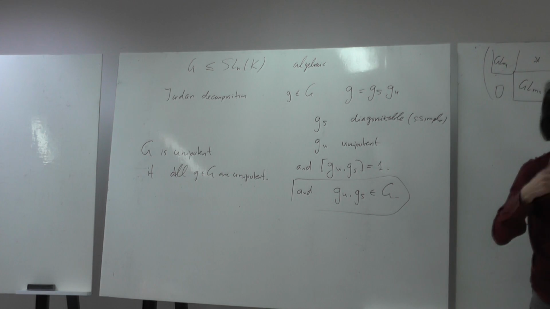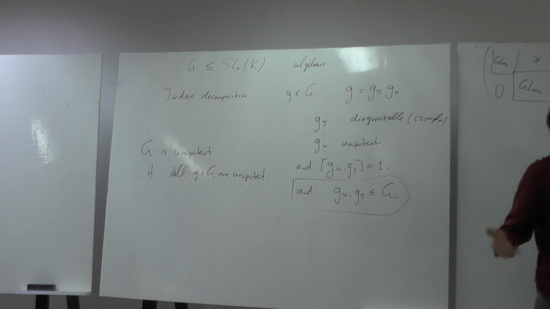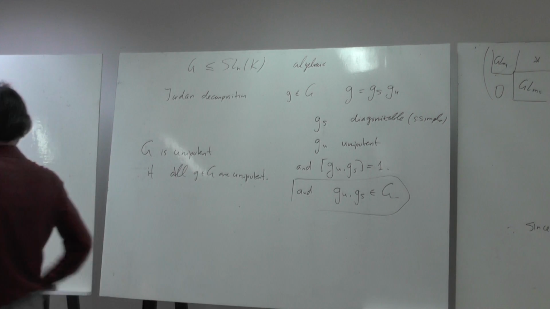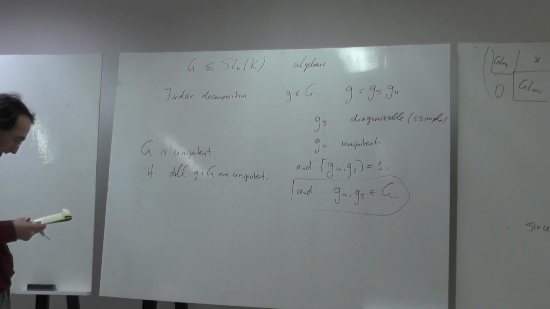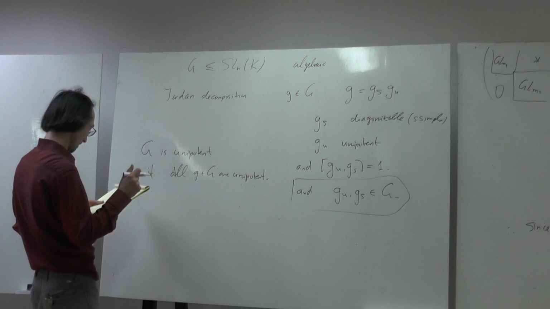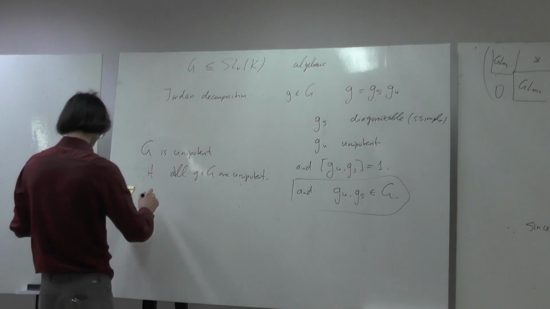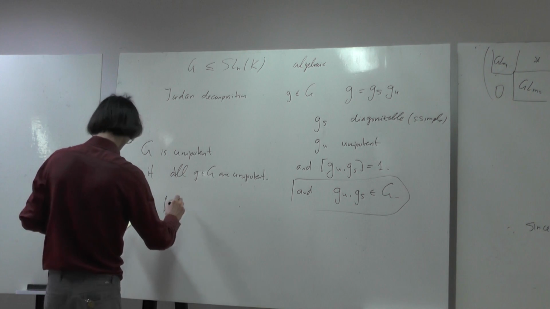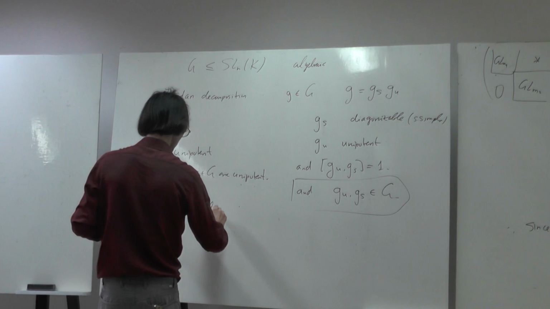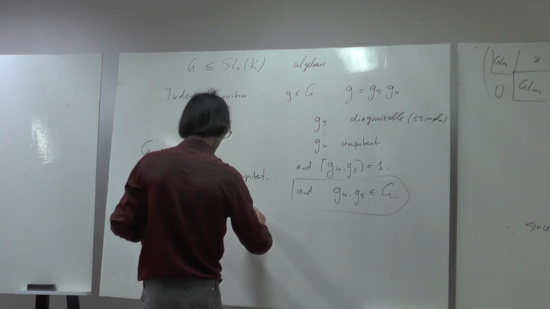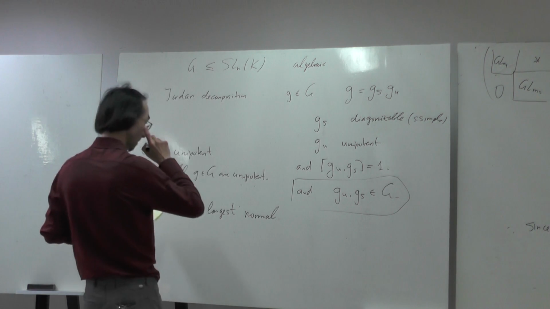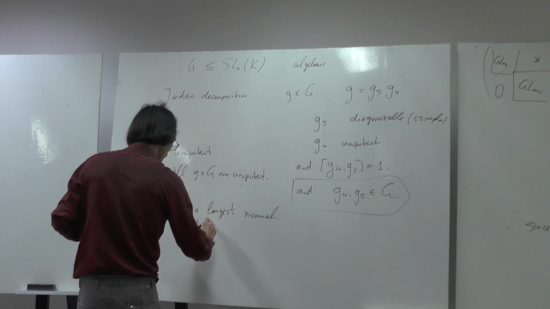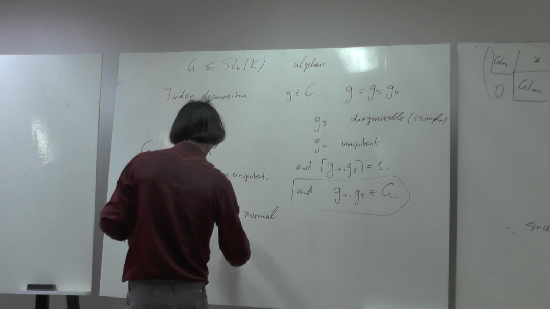So there's a good reason, you're not going to get anything, and that's not the meaning of semi-simple groups. And also, it's a fact that G has a largest normal unipotent closed subgroup.